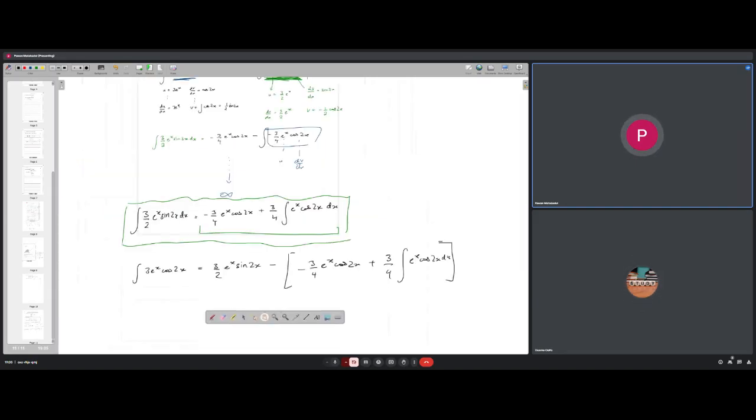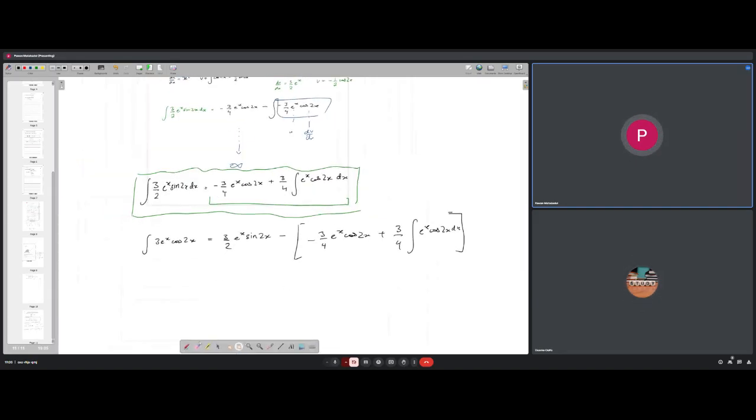Now I'm going to do something before I move on. We're going to do something very smart. So let's just bring this out. What I'm going to do is I'm going to say, let I be equal to the integral of e to the x cosine of 2x with respect to dx. I'm choosing I because I stands for integral. Does that make sense?